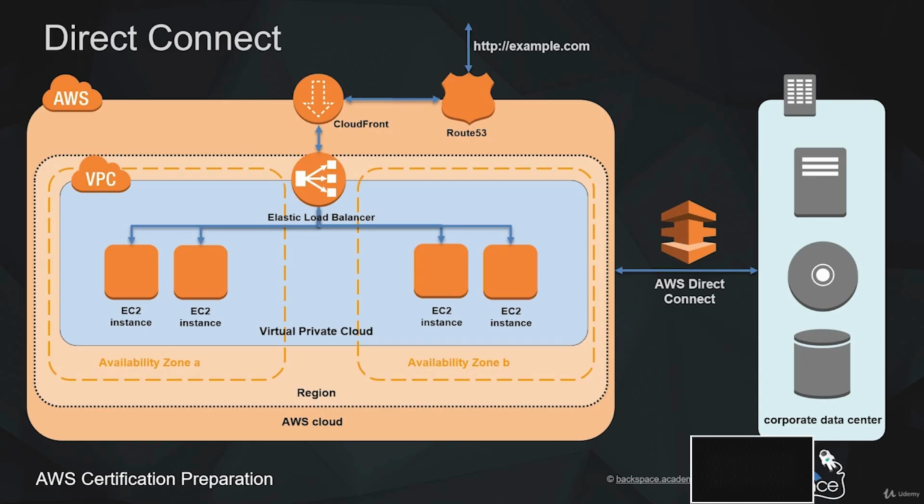So we need some way of having a high-speed connection between our corporate data center and the AWS cloud. And that is where the AWS Direct Connect service comes in. And that can provide a very high-speed fiber optic network between our corporate data center and the AWS cloud. And that is completely private.